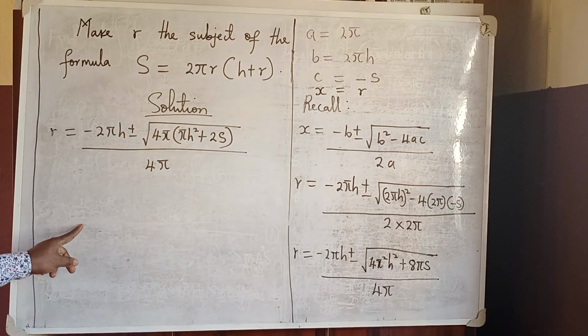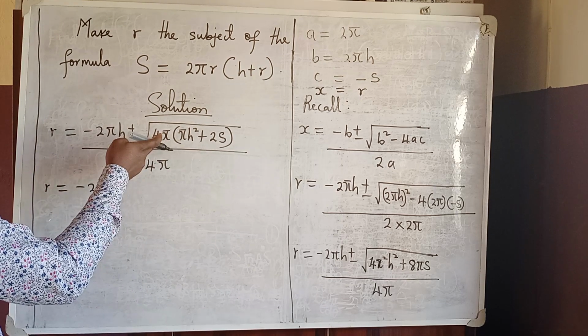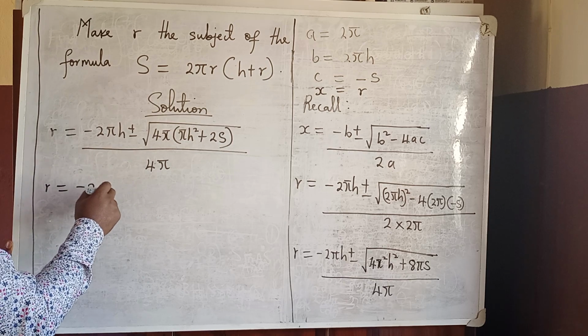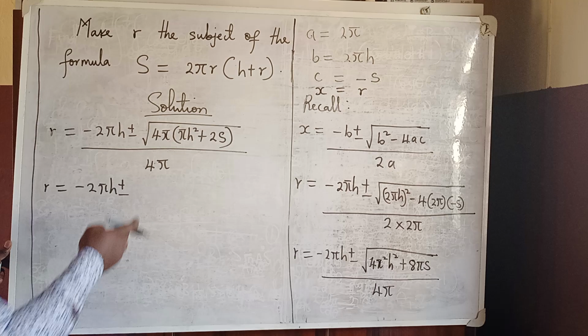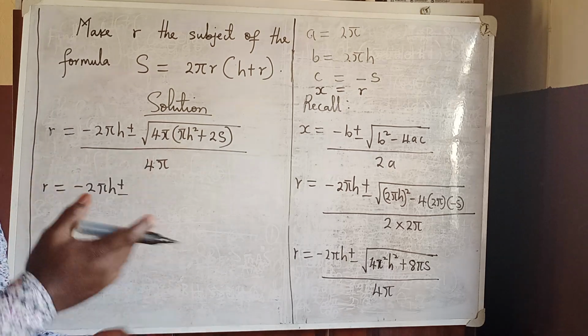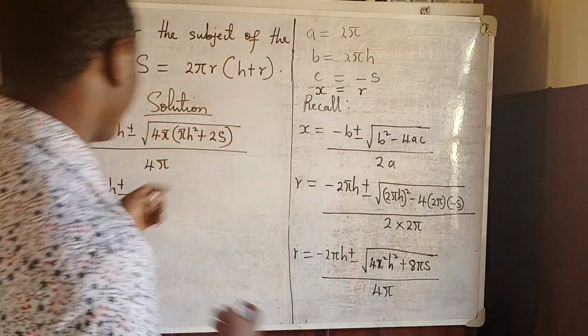All right. So if I find the square root of 4, it is 2. The 2 can come out from the square root. So if the 2 comes out from the square root, this is what we are going to have.